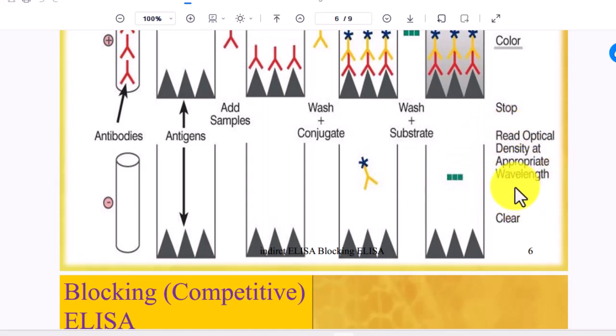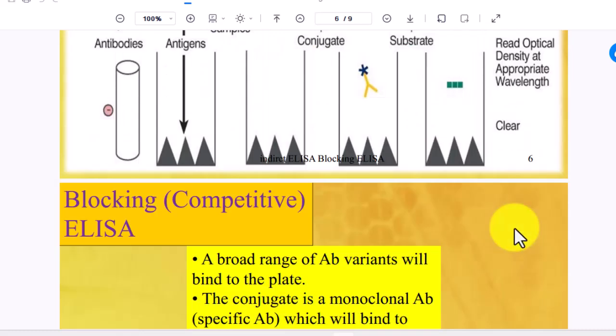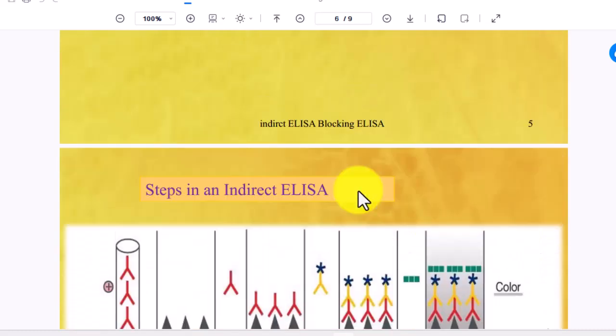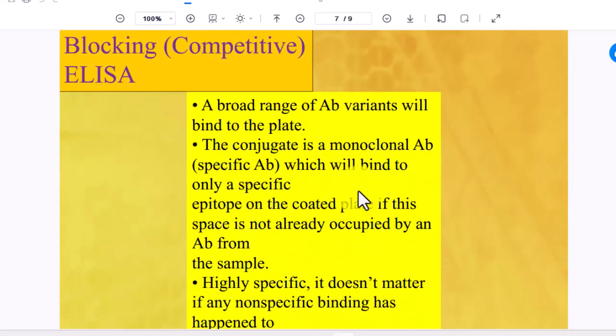We use different filters on the reader and use the optical density to refer to the amount of antibodies bound to the antigen. Here in a negative result, no antibodies are found and no color is produced. This is a negative result. This is the indirect ELISA.